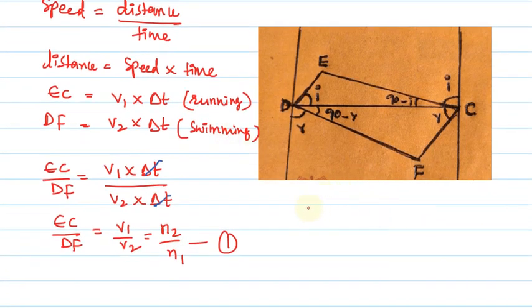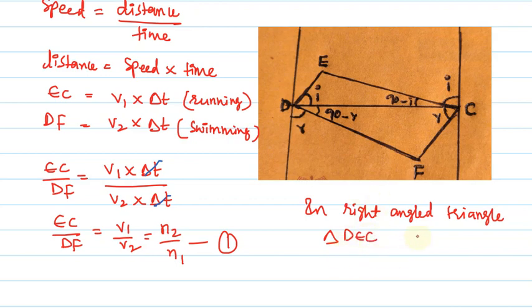So now let us write the terms from this diagram. In the right angled triangle DEC, if I take sine I is equal to, the angle is here, so this EC becomes the opposite side and DC becomes the hypotenuse.